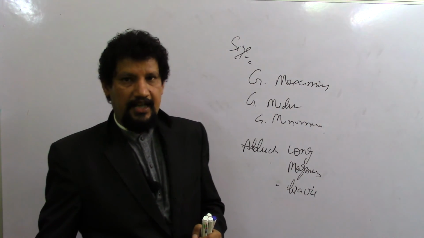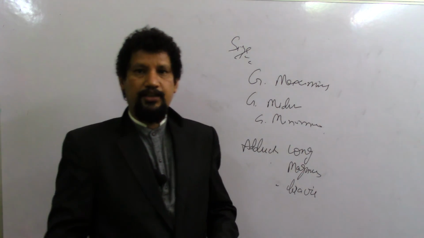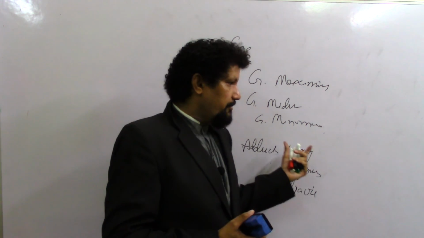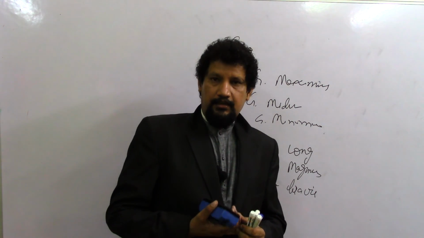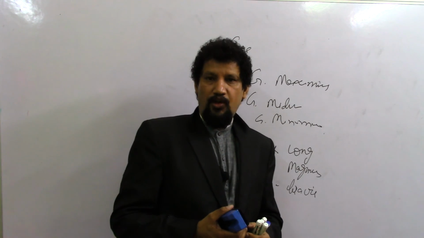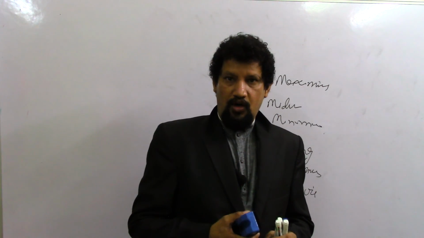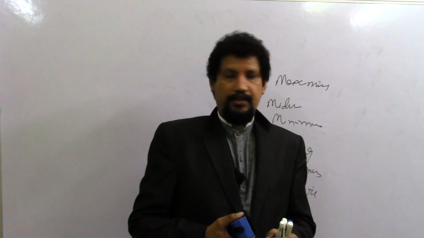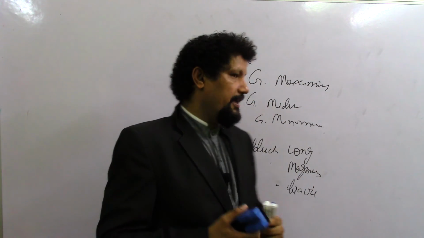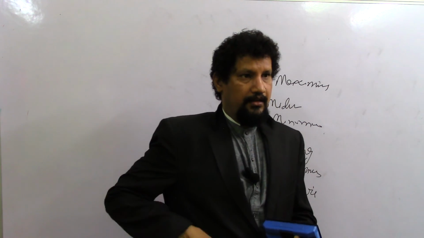In my next lecture, I will talk about the nerve supply of the skeletal muscle, motor end plate, what is muscle spindle, what is tendon organ in the muscle, and what is the clinical significance of the skeletal muscles.